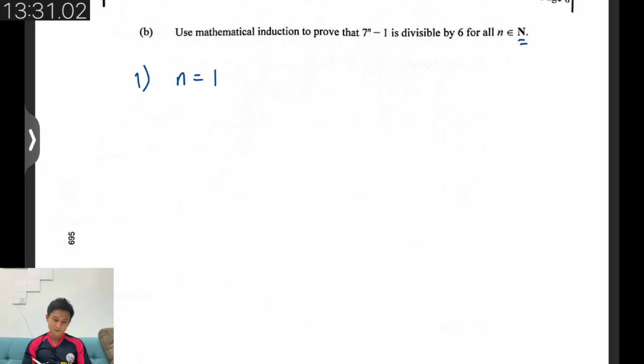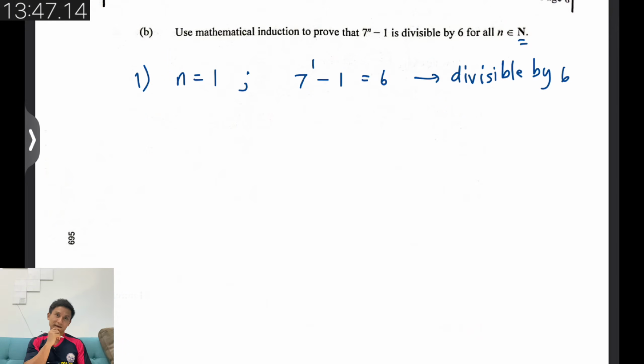So we have 7 to the power of 1 minus 1, which is 6. And 6 is divisible by 6, right? So that's not bad. So this is true for n equals 1.